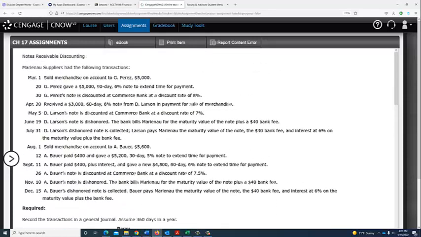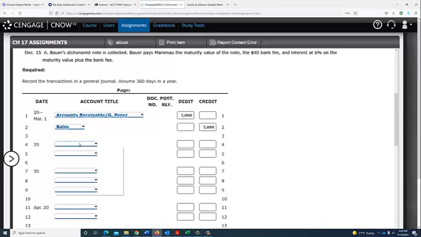Okay, next on the 20th, G. Perez gave a $5,000 90-day 6% note to extend the time for payment. So the 30 days is up on this accounts receivable, so Perez is giving us a $5,000 90-day 6% notes receivable.